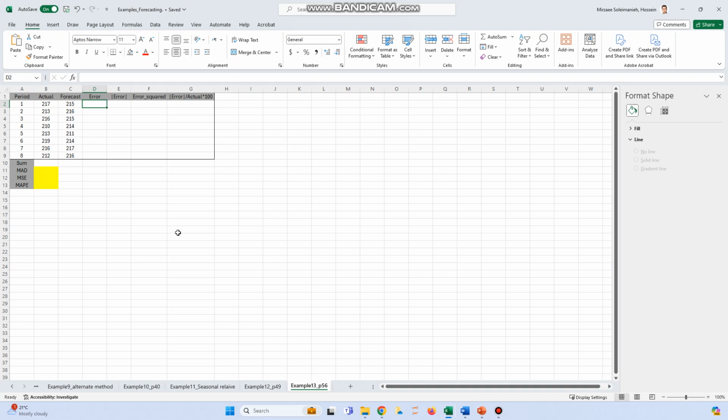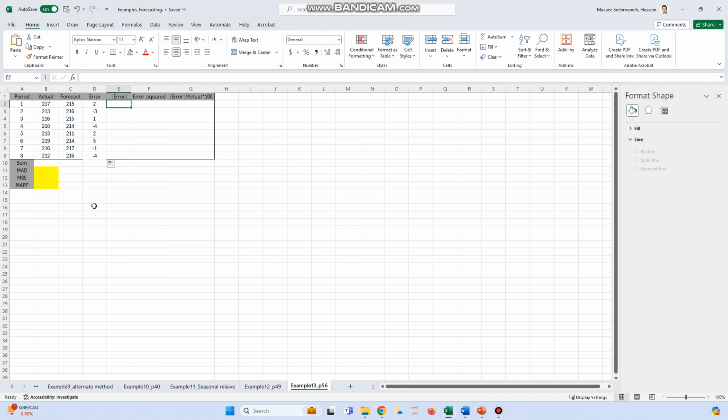For error, we just need to use this formula, equal sign, actual data minus forecasted data, and type enter. It's equal to 2. Error for this period is equal to 2. And then we need to copy the formula to other cells by just dragging it to other cells.